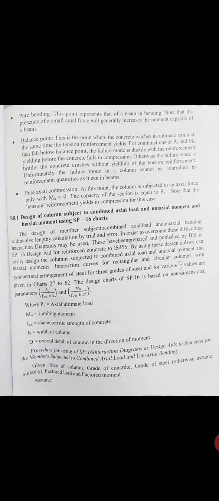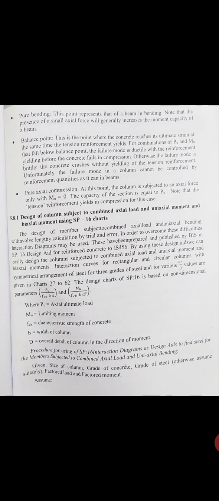By using these design aids, we can easily design a column subjected to combined axial load and uniaxial or biaxial moment. Interaction curves are given for rectangular and circular columns with symmetrical arrangements of steel. For various grades of steel and various d1 divided by d values, they are given in charts 27 to 62.